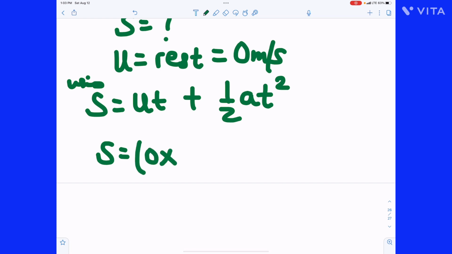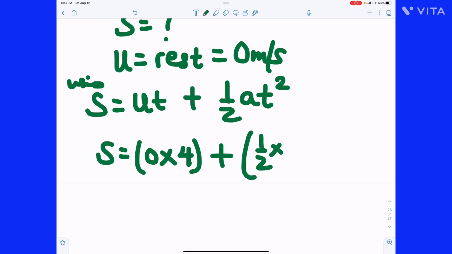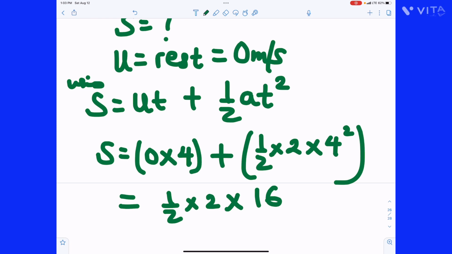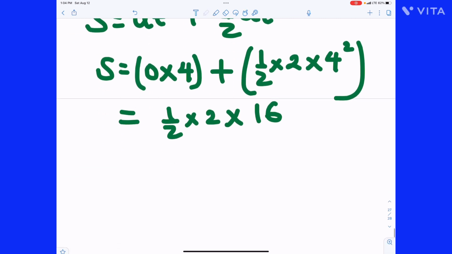My initial velocity is rest, time is 4 seconds, plus half times 2, because the acceleration is 2 meters per second squared, times 4 squared. The first term disappears. I just have half times 2 times 4 squared to deal with. 4 squared is 16. My distance is 16 meters.